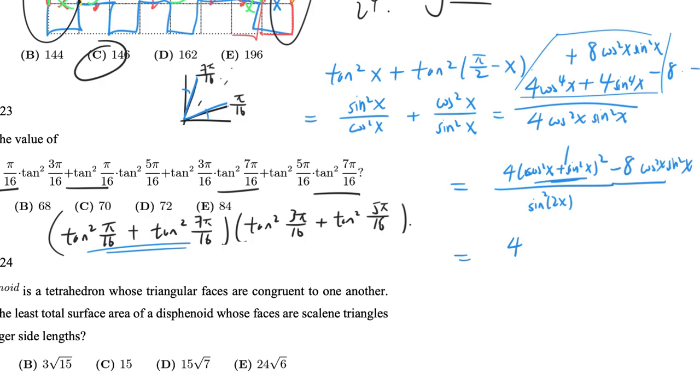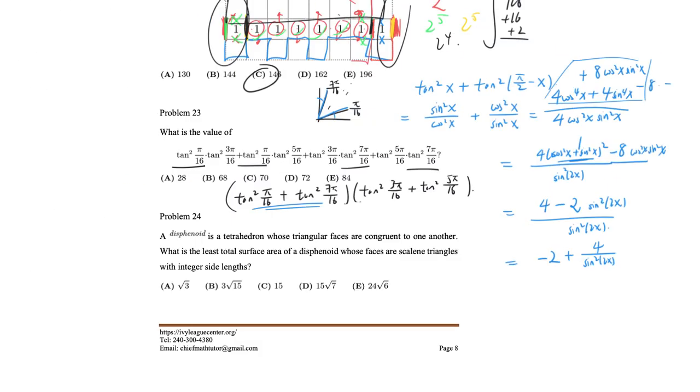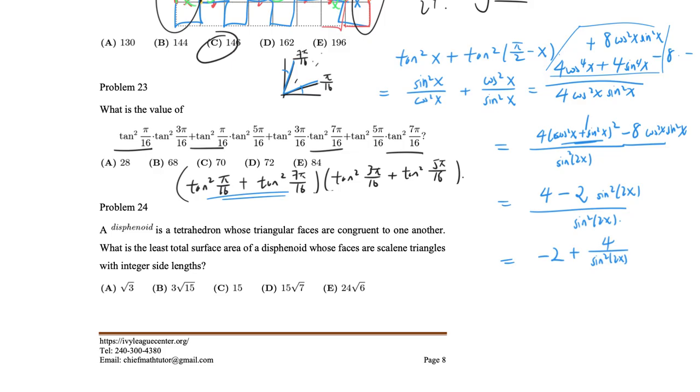So this is going to be equal to 4 minus, and then we can try to manipulate this into another sine squared x, sine squared 2x, like this. And we would get exactly negative 2 plus 4 over sine squared 2x, like this. Then plugging this back into here, so we know what this is, right?